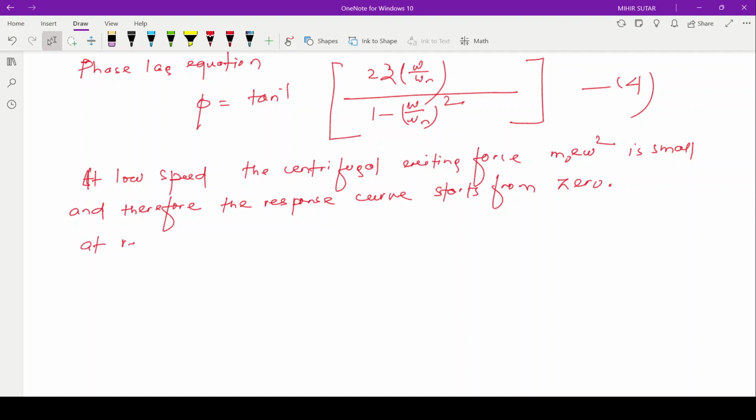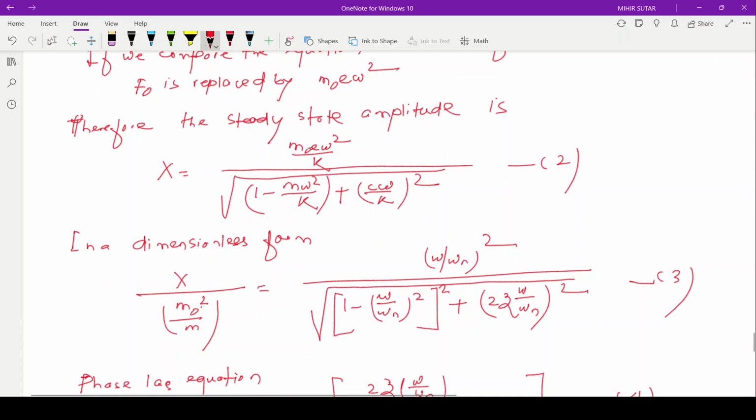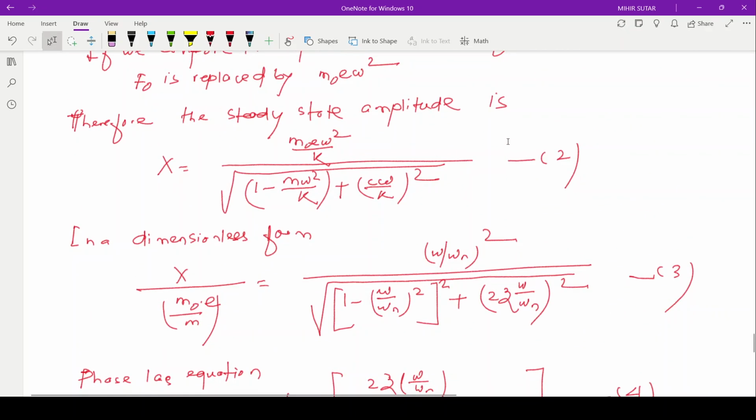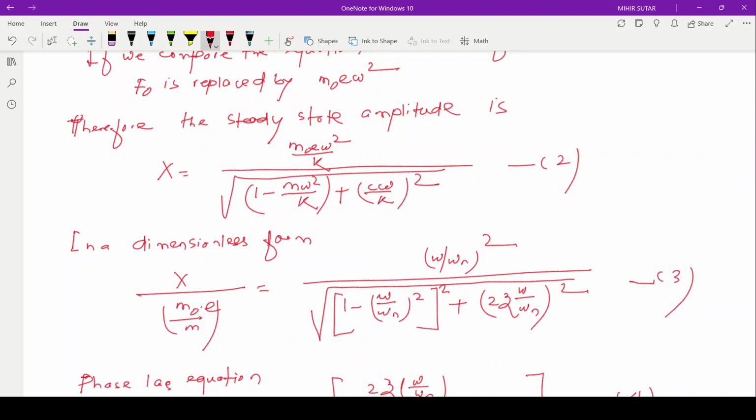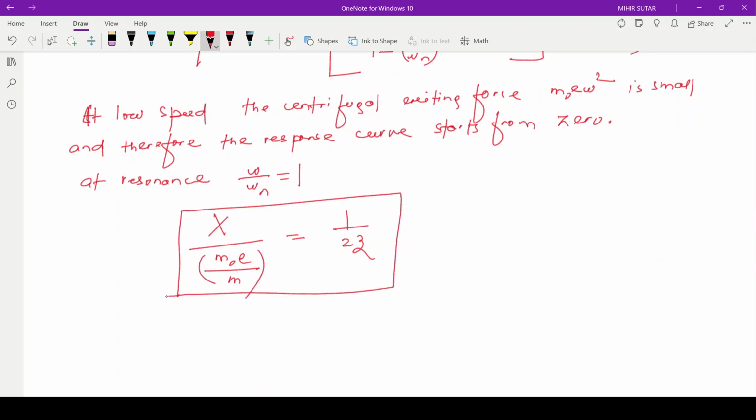And at resonance, omega by omega n is equal to 1, and this x divided by m0 e by m is equal to 1 by 2 zeta at resonance for rotating unbalance. Sorry, there is a mistake here: it is m0 e, not m0 square, m0 e divided by m. You change it.